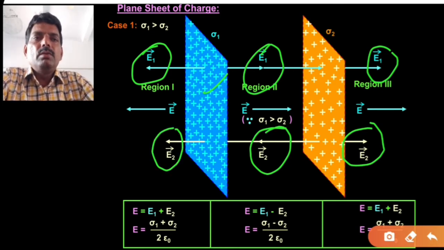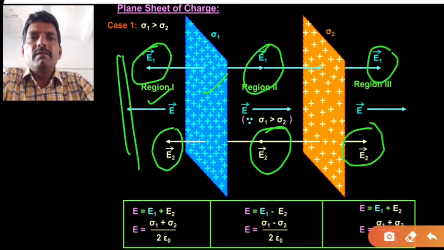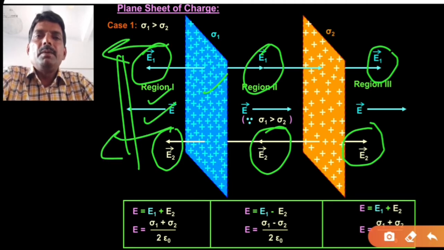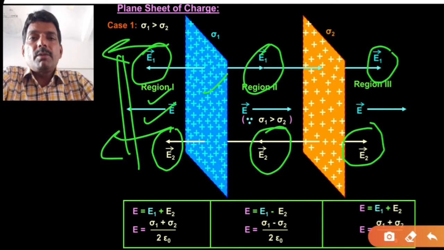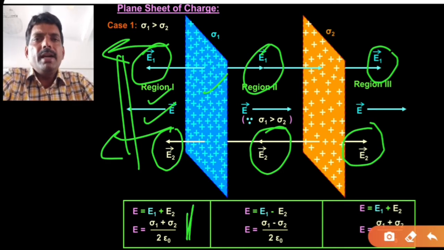Now what I have to do, I will see in this region 1, what will be E1 and E2. So you can see here E1 and E2 are in the same direction, both are in the same direction, therefore resultant electric field will be this one. Now in terms of magnitude, if these electric fields are in the same direction, therefore they will be added.